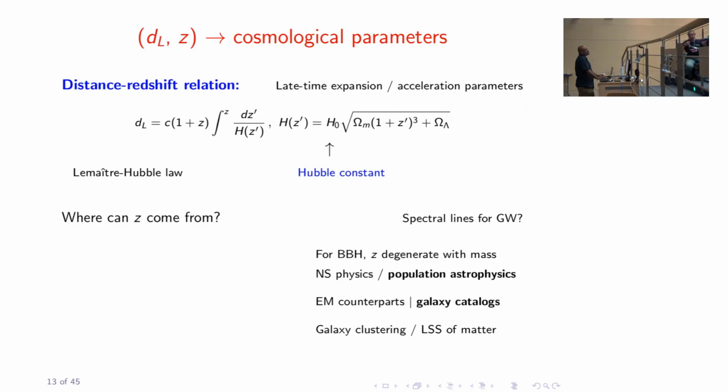And at cosmological distances, it turns out that this mass is not the rest mass, the intrinsic mass, but the redshifted mass, and the distance is not the comoving distance, but the luminosity distance. So this is the truth.